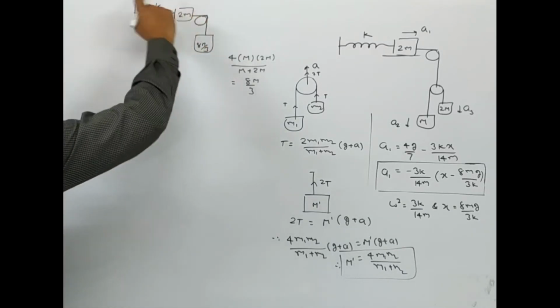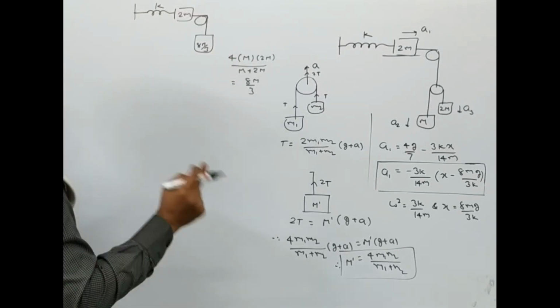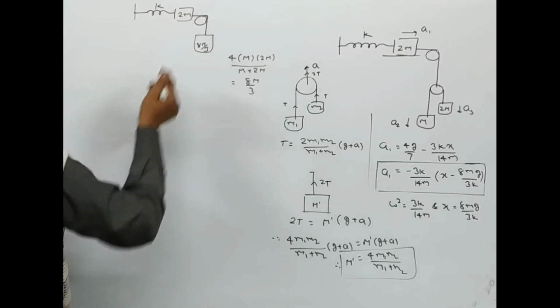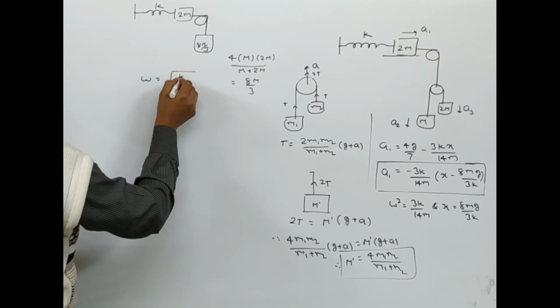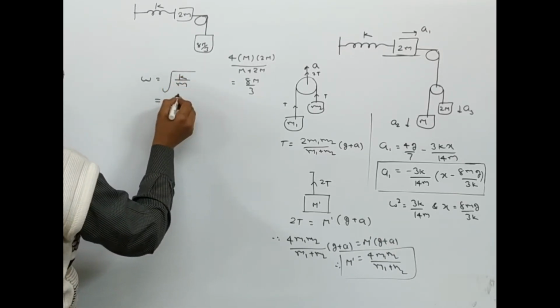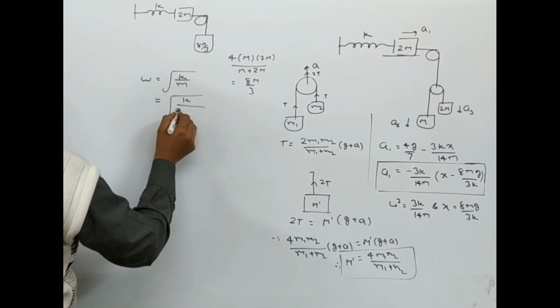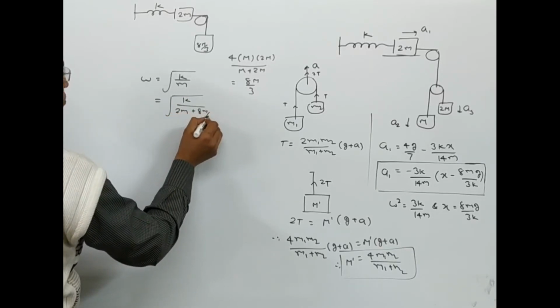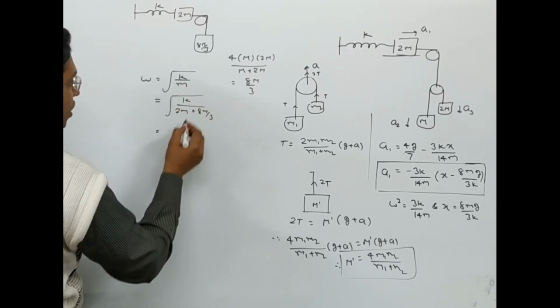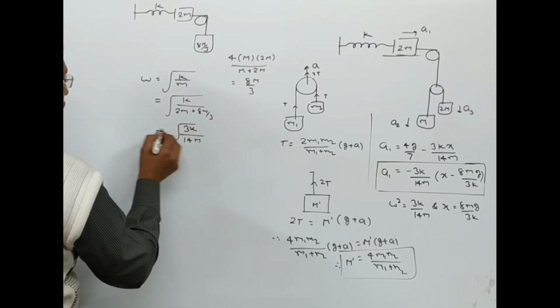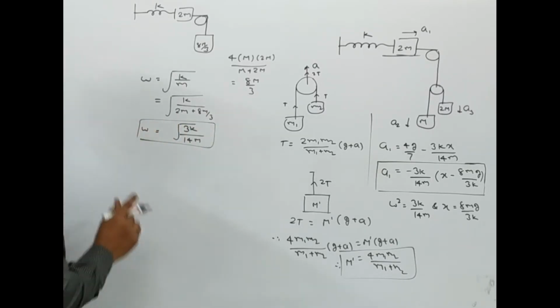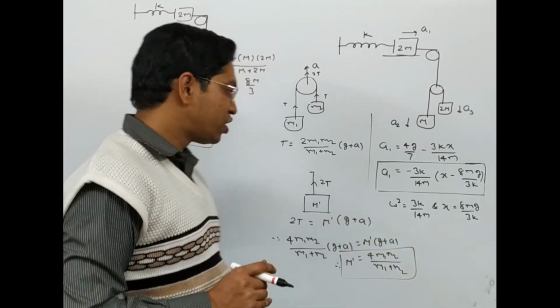Now it is going to perform SHM, so I have to find its omega. Omega is nothing but k by m. Now how much is the mass? Twice m plus 8m by 3, so omega square turns out to be 3k by 14m. Now we are getting the same result we got in the earlier calculation.